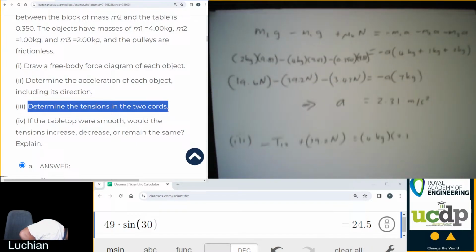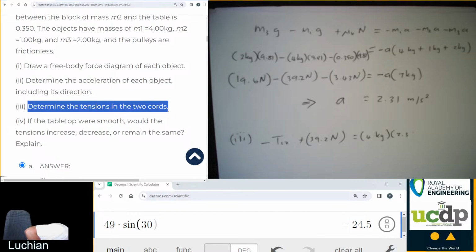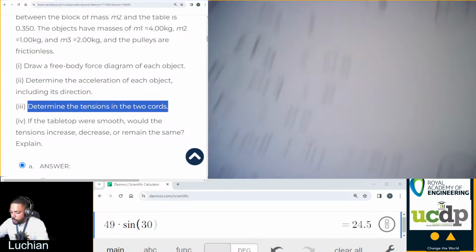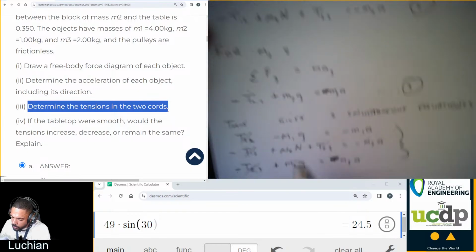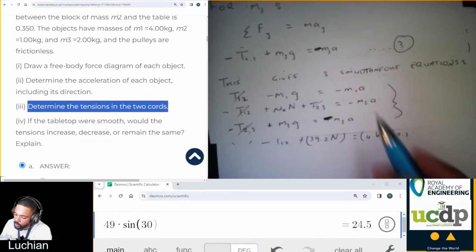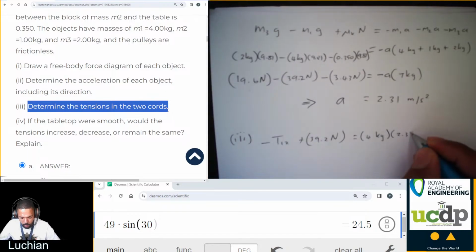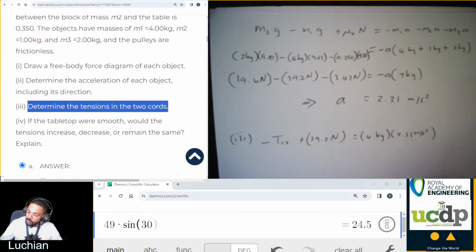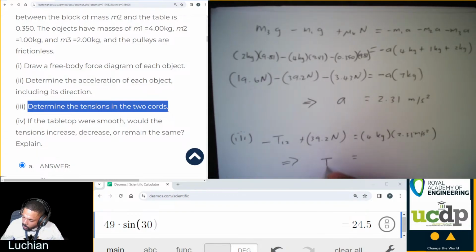That's the first equation here, this one. We are just filling in all the values that we know. 2.31, let me just check. Yes, meters per second squared. Now if we solve for the tension, we have everything to solve for the tension. The tension T12 is equal to 30 newtons.